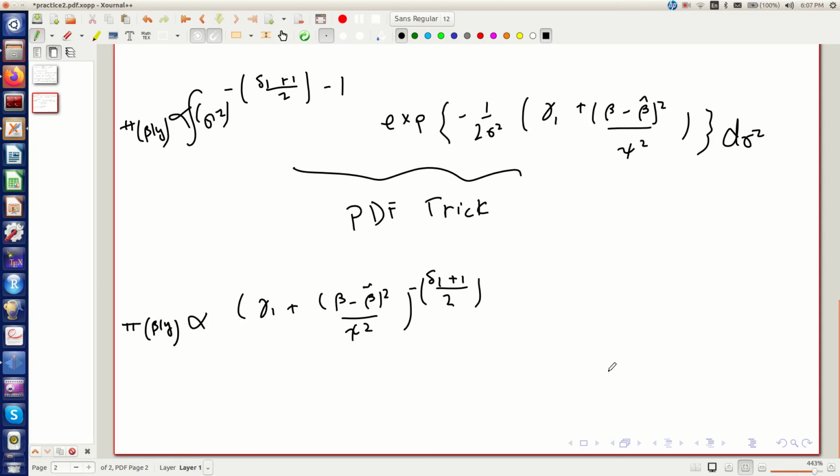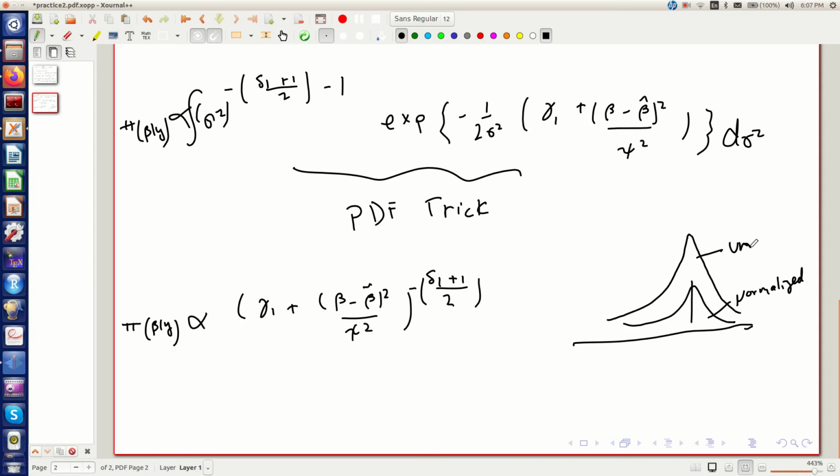And the reason those constants of proportionality don't matter is simply this. I just want a posterior distribution. So if this is my normalized posterior, and this is my unnormalized posterior, let's say this is x and this is y.